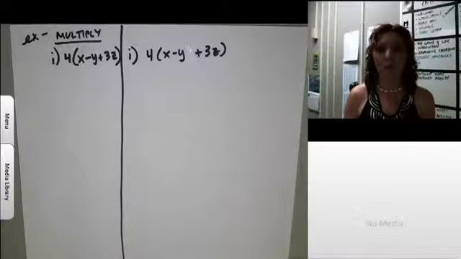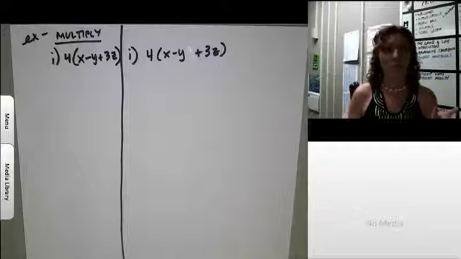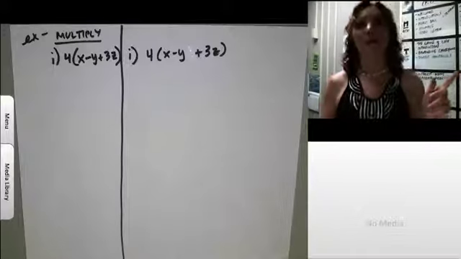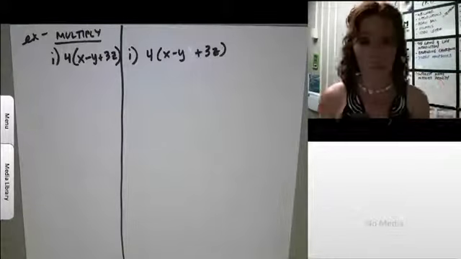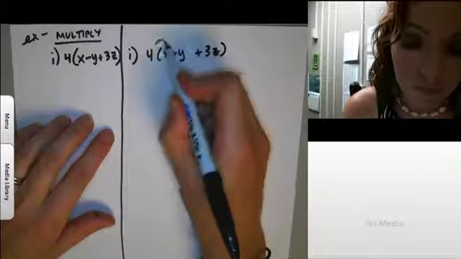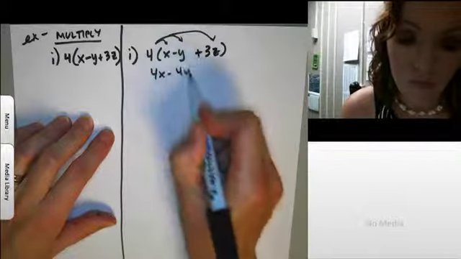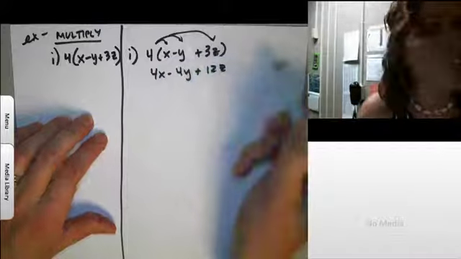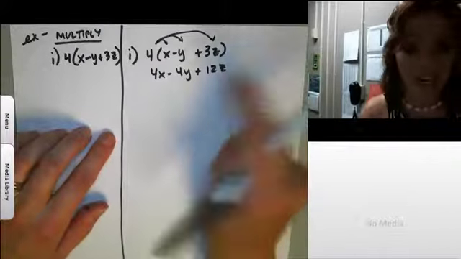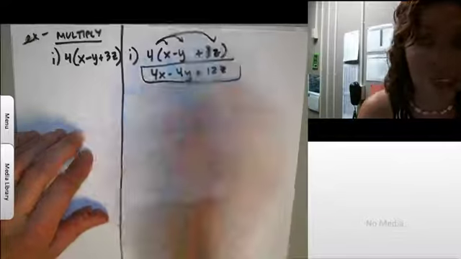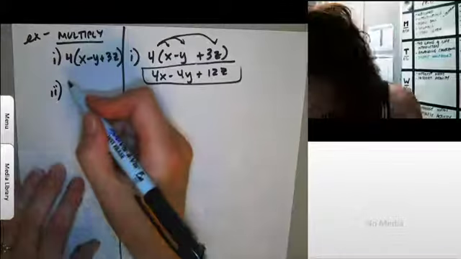Keep your hand raised if you would like to volunteer. Let's see. Rebel, go ahead. It'd be 4x minus 4y plus 12z. Good. So you're literally taking that 4 and multiplying it by everything in the parentheses. Perfect. Okay, let's do another one of those.